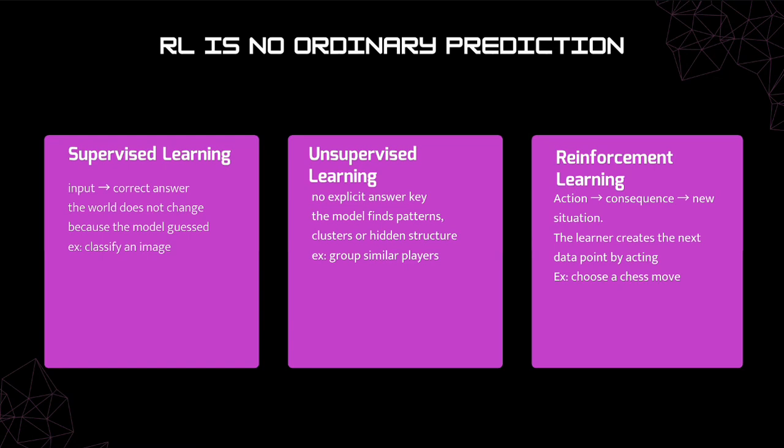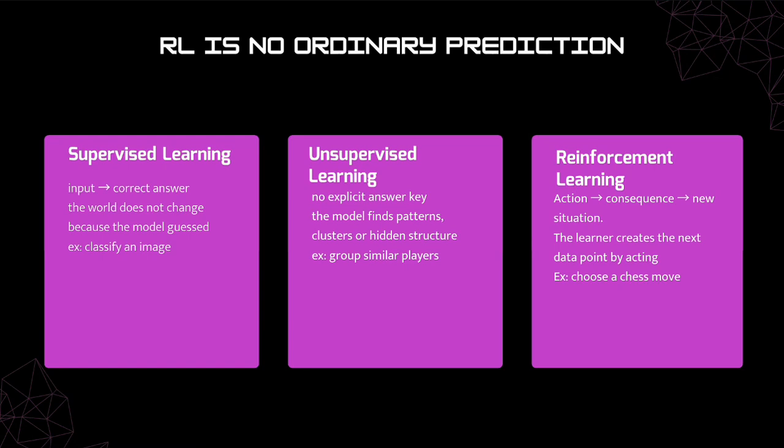The model tries to map the input to the correct output. The world does not change because the model guessed something. If the model misclassifies a picture, the picture does not suddenly transform into a different picture. The model is wrong, but the environment is not affected.